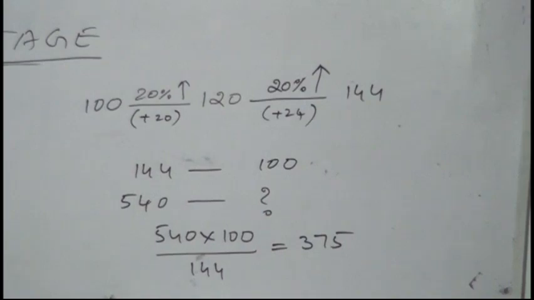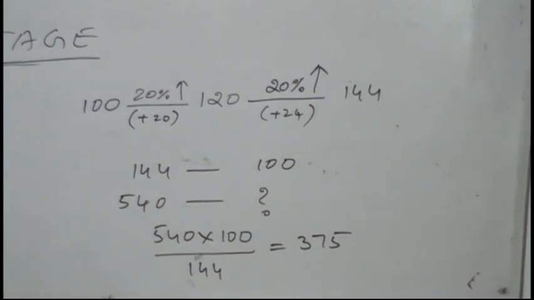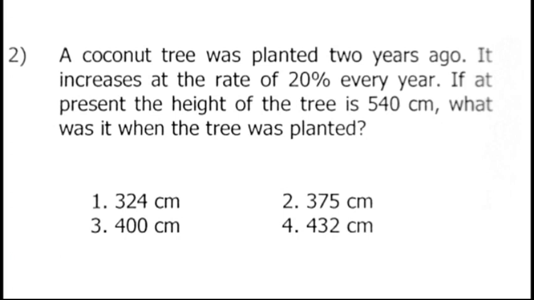You can check through options. How to check through options? What are the options given there? 320. Second option. Third option. 400. Right.